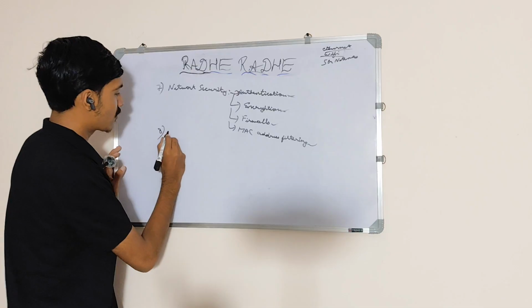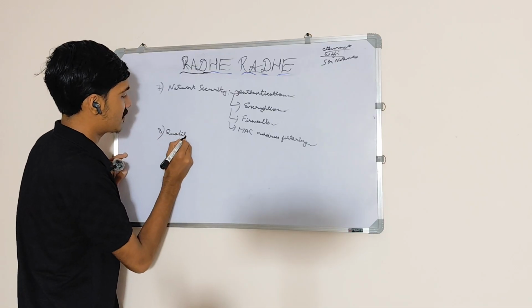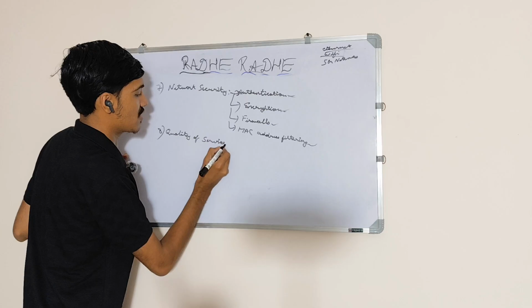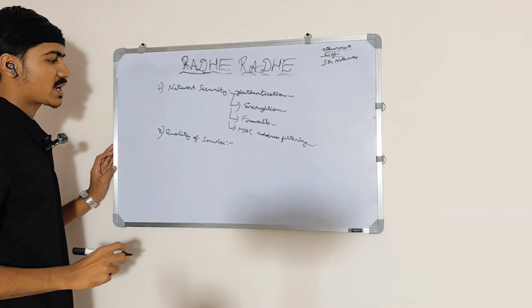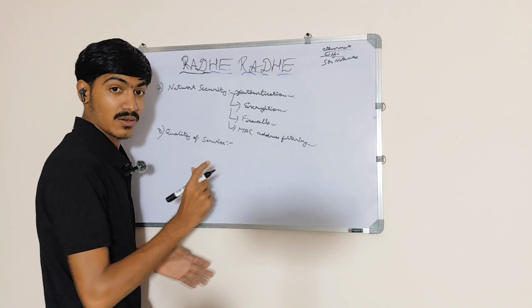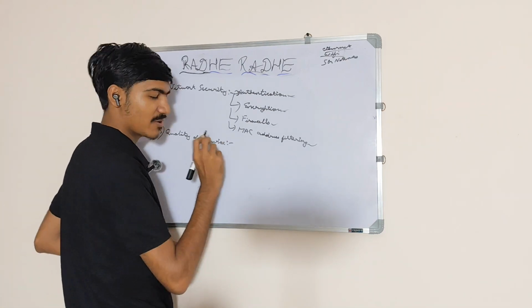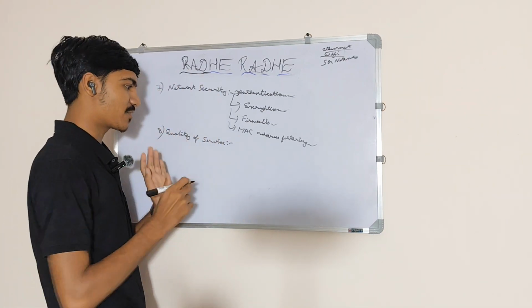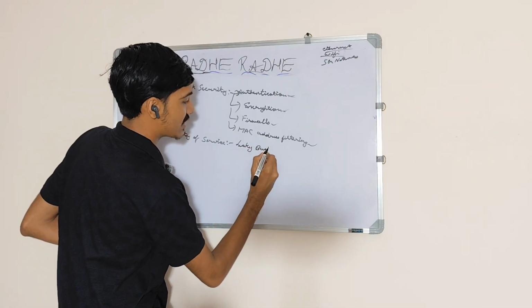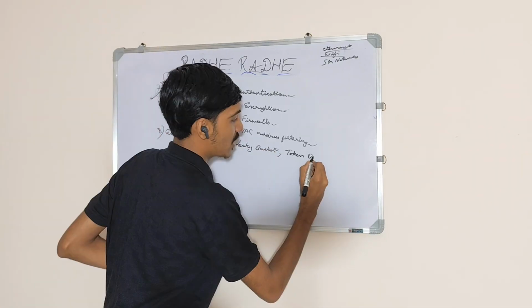8 point, quality of service. Now, how can quality of service be achieved? Using some important protocols. OSI model is important, but this is also important. We have some protocols like leaky bucket, which is a very famous name, and token bucket.